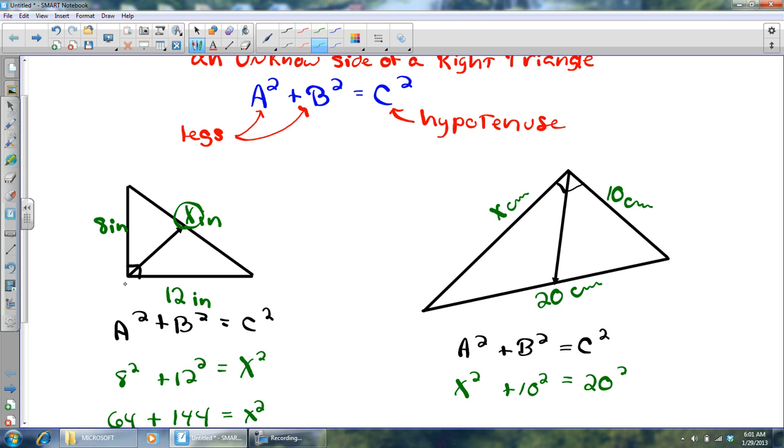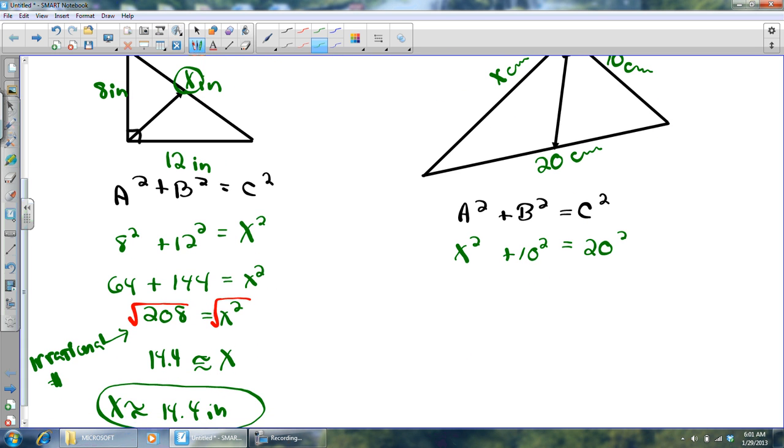I know most of you are more comfortable with the variable being before a number, so that's why I chose to do that. I could have easily written 10 squared plus x squared equals 20 squared, and I will get the same result in the end. It does not matter, because addition is commutative, right?